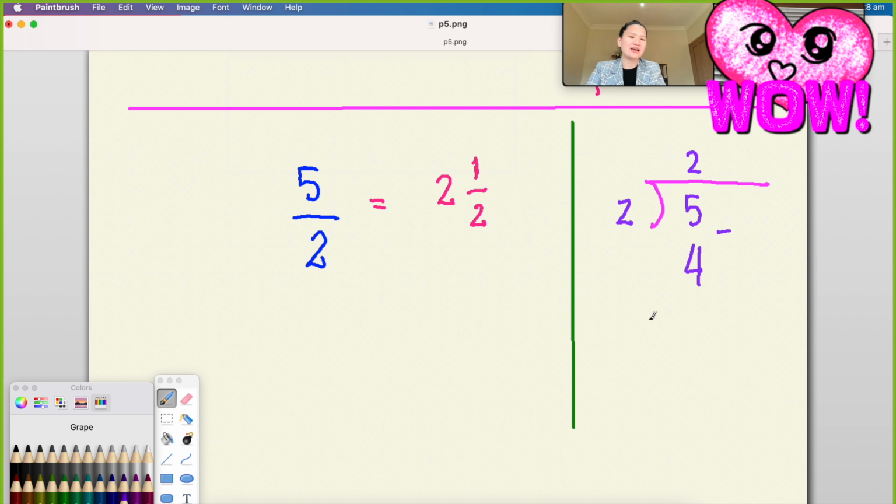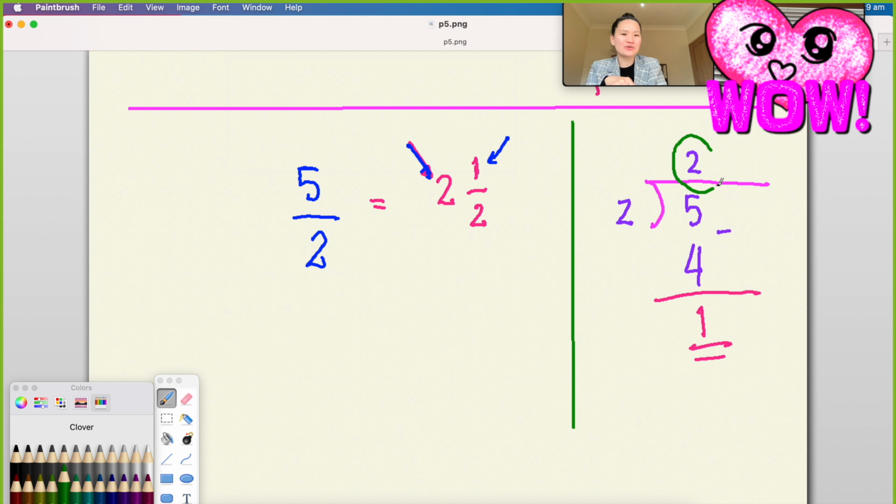Does that make sense, Grace? Then you have remainder 1. This one is like the quotient, you remember we learned from last time, and this one is the remainder, so you put the remainder here.